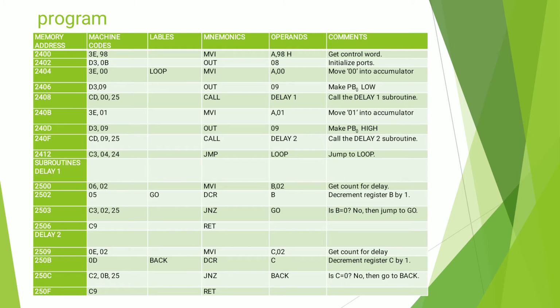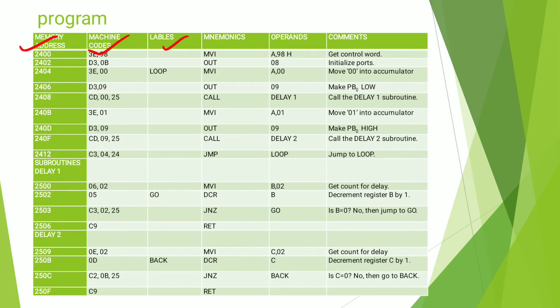Here is the assembly language program to generate square wave using IO port. So this is the memory address, machine code of each instruction, label, mnemonics, operand and comments in this program.